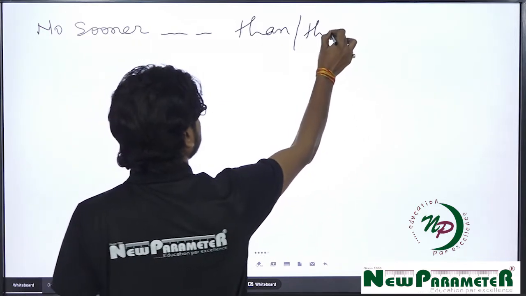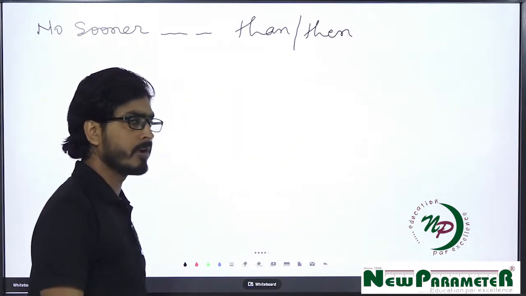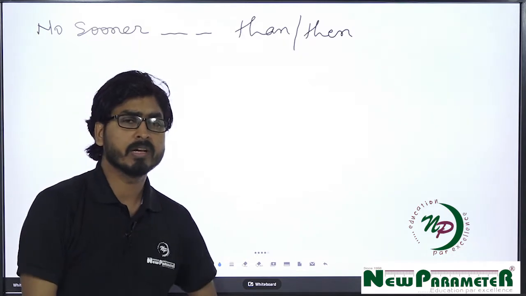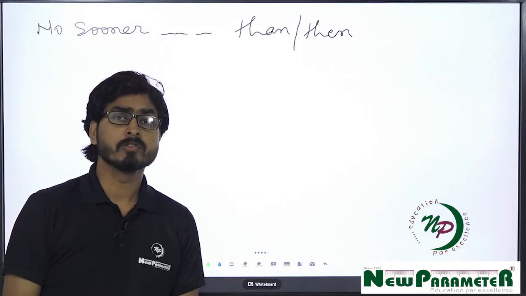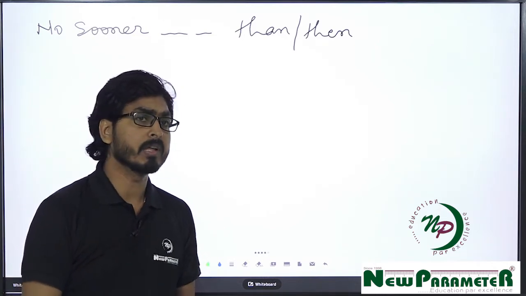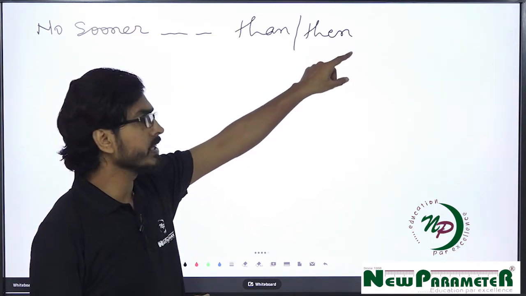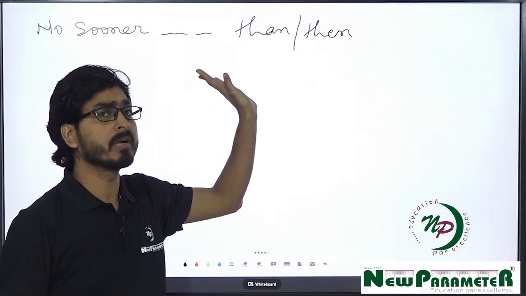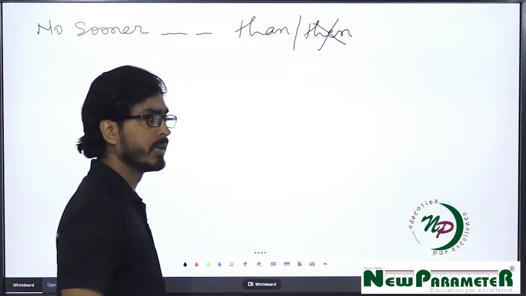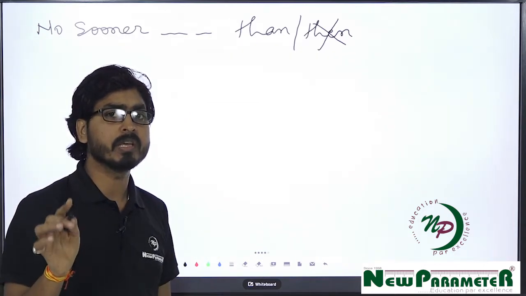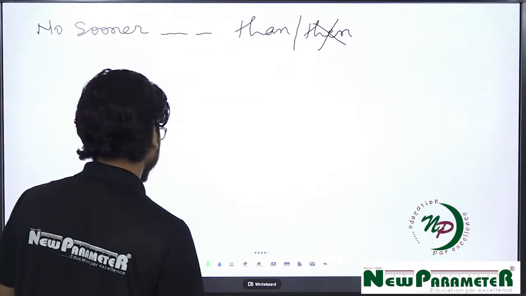Don't get confused. In examination hall, when we write paper, we feel a tremendous pressure to pass the examination. So in that pressure, most of the time we read THAN as than. But be careful that we are allowed to use only THAN with no sooner.